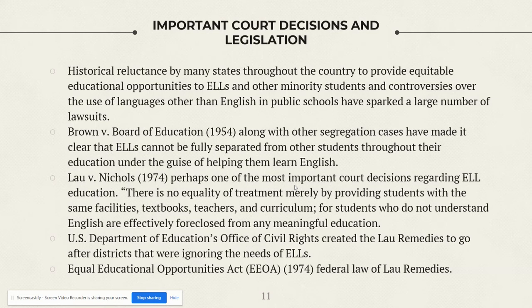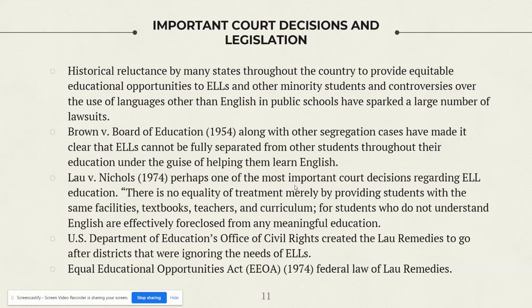But along with other segregation cases, this case in particular has made it clear that English language learners cannot be fully separated from other students throughout their education under this guise or this false belief of helping them learn English. So it's the idea that they cannot be separated because we're trying to help them learn. If that's the guise, we need to be integrated.